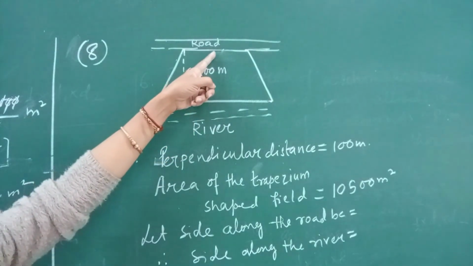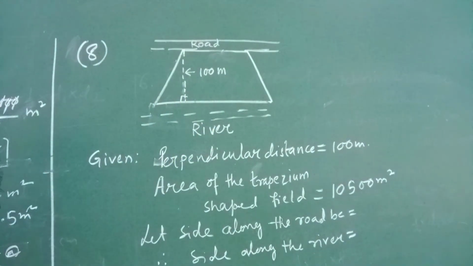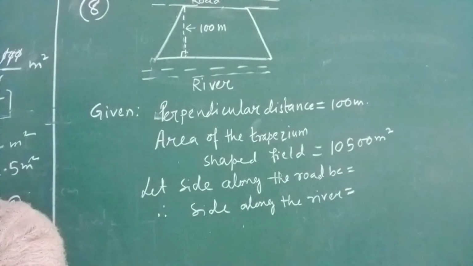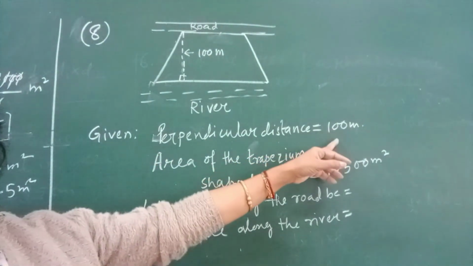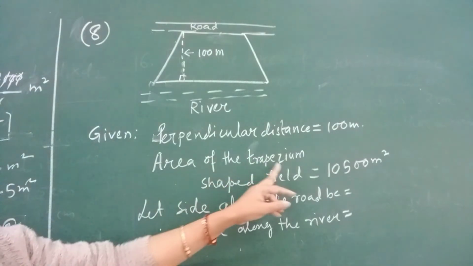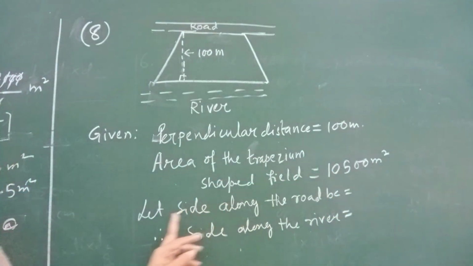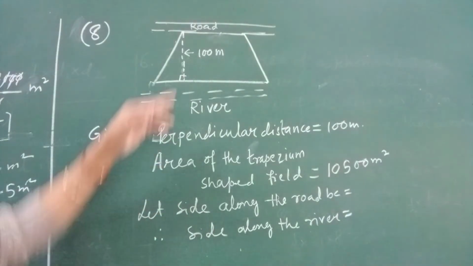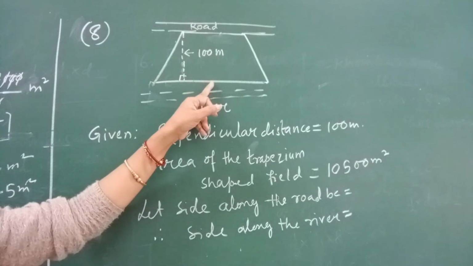If I take this one x, then this one will be 2x. First of all, I will find out which things are given here. The given portions are perpendicular distance 100 meter, area of the trapezium shaped field 10,500 meter square. Now this side we don't know. If I take this side as a variable, then this one will be twice of that variable.